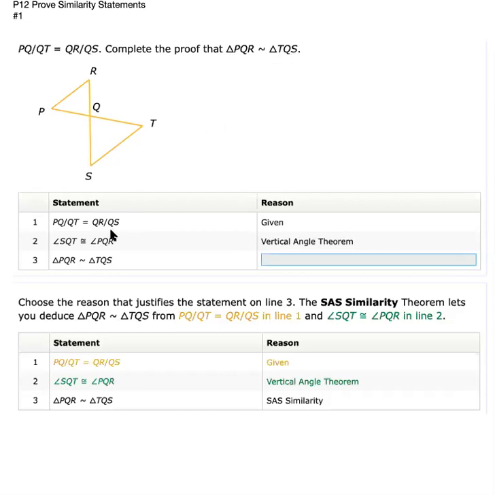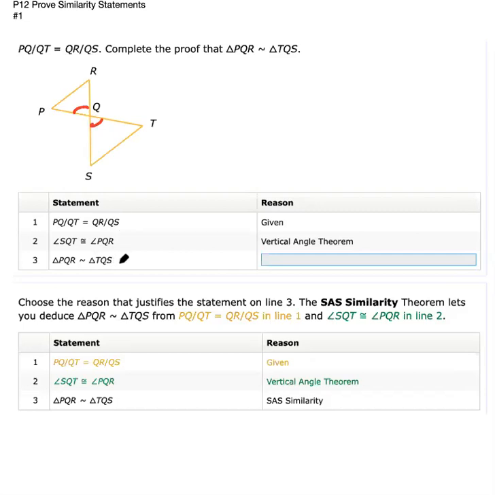Okay, so in this one the given is the first statement there. The second one is going to be the vertical angles theorem, and that's going to be SQT congruent to PQR. All right.